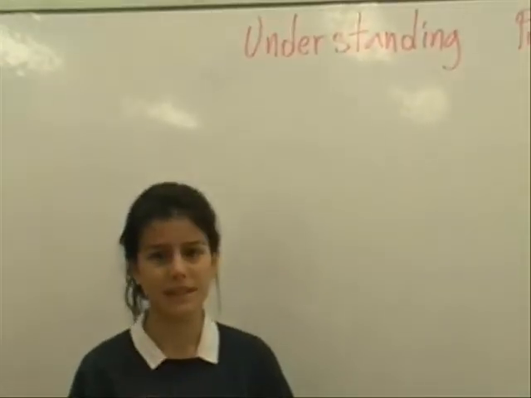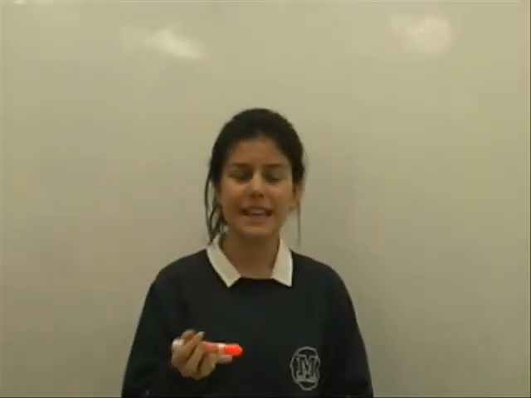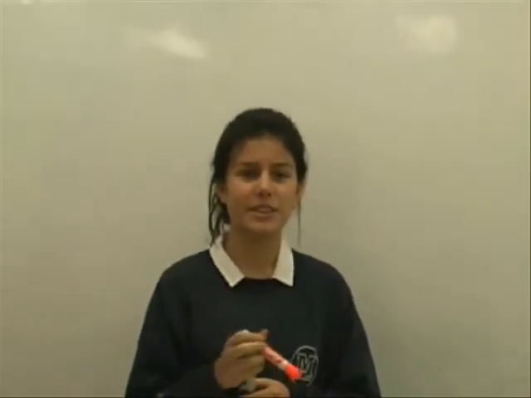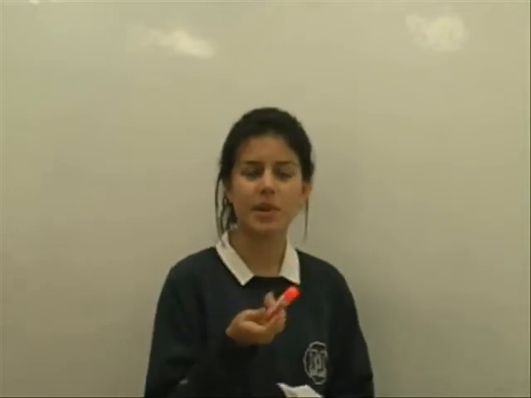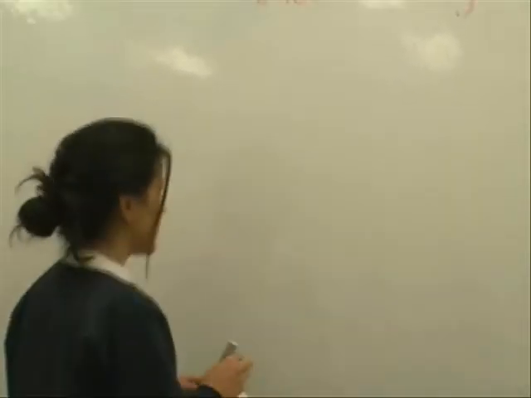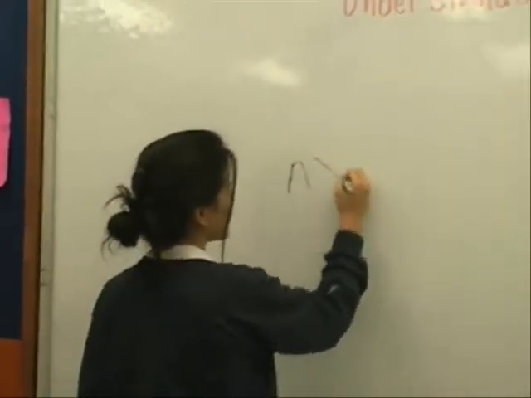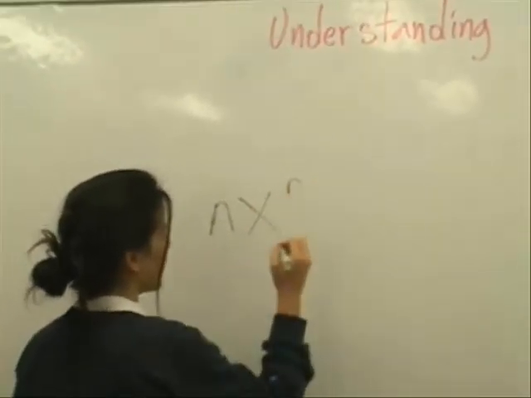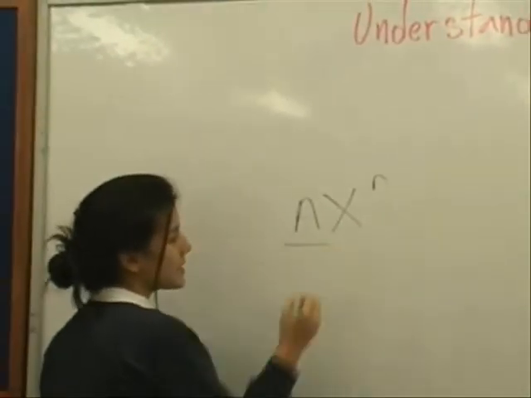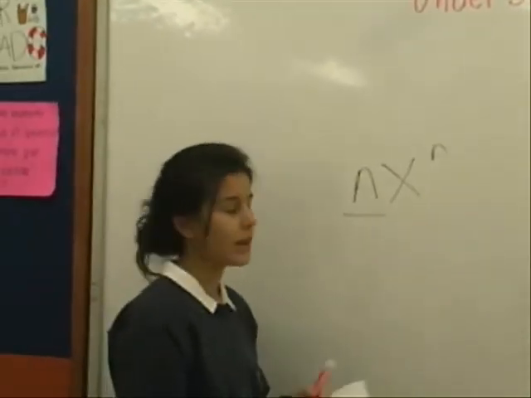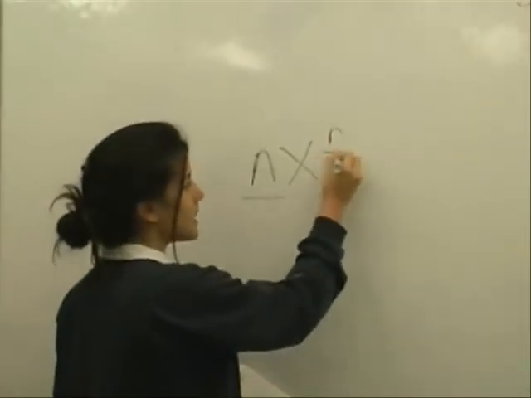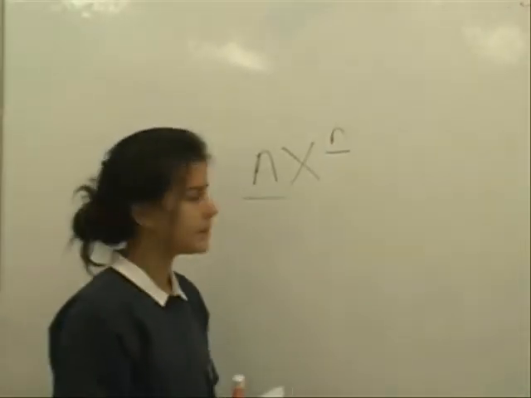Understanding polynomials. A polynomial in X is an expression that contains a certain number of terms of the form ax to the power of n. A must be a real number, and n must be a whole number.